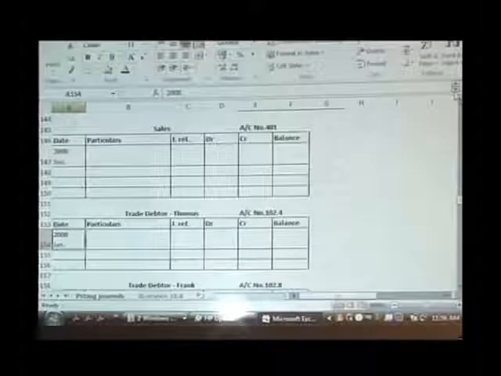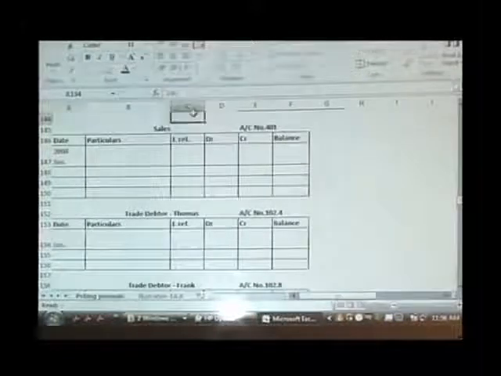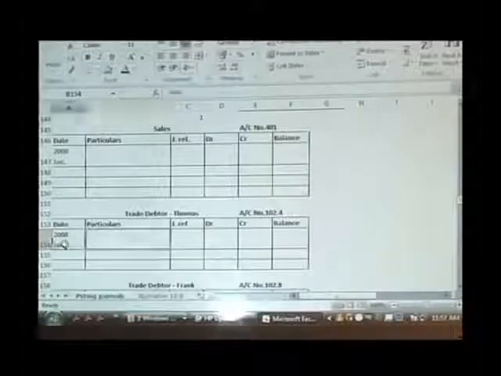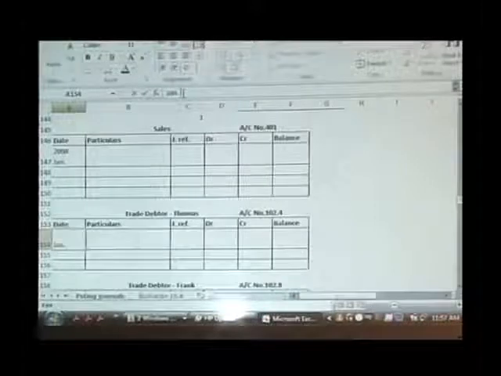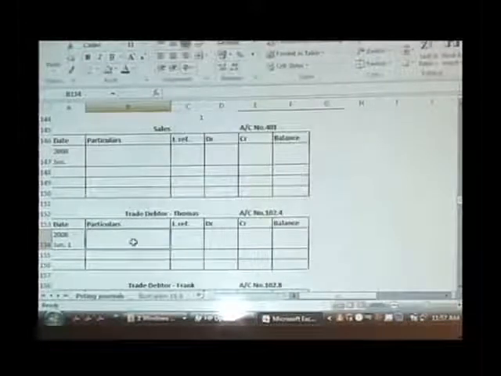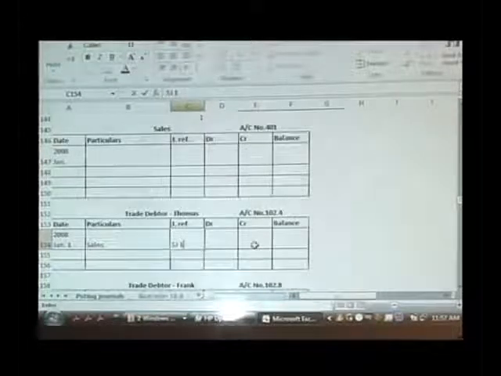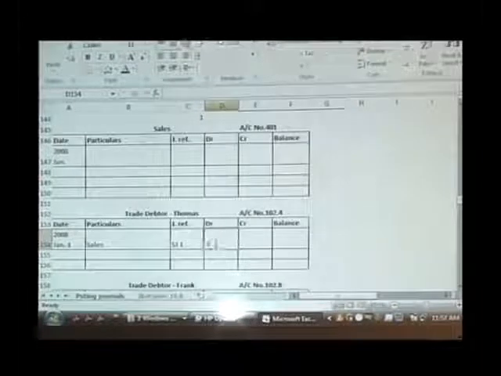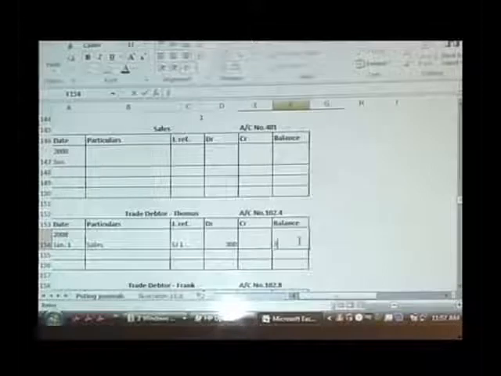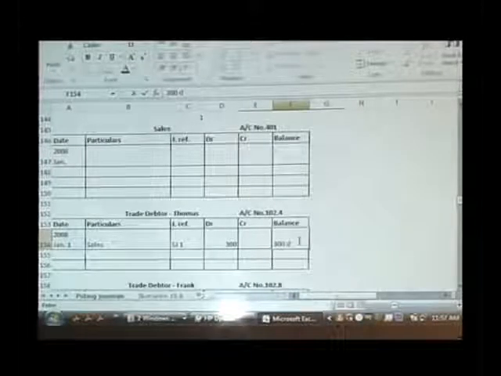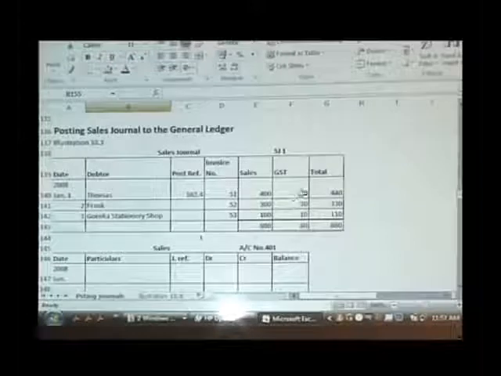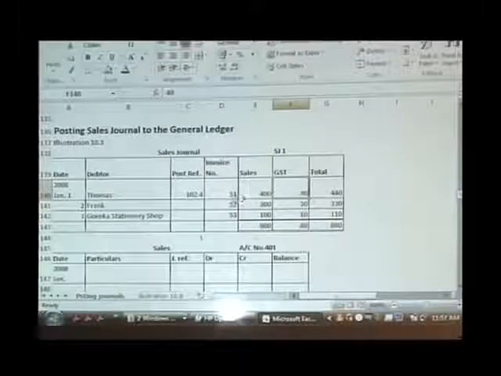Put the date, January 1st. And here we write sales, and the reference is SJ1, sales journal, page number 1. Trade debtor, debit 400.